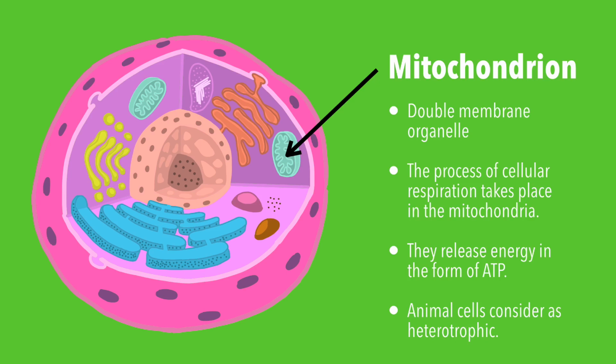They release energy in the form of ATP. Cells break down carbohydrate and fat to produce ATP. That's why we need to eat food. Our cells can't produce food on their own, so animal cells are considered heterotrophic because animal cells don't have chloroplast.